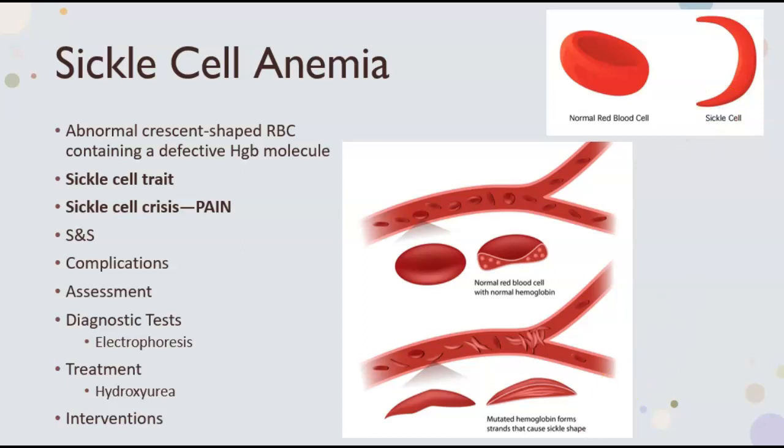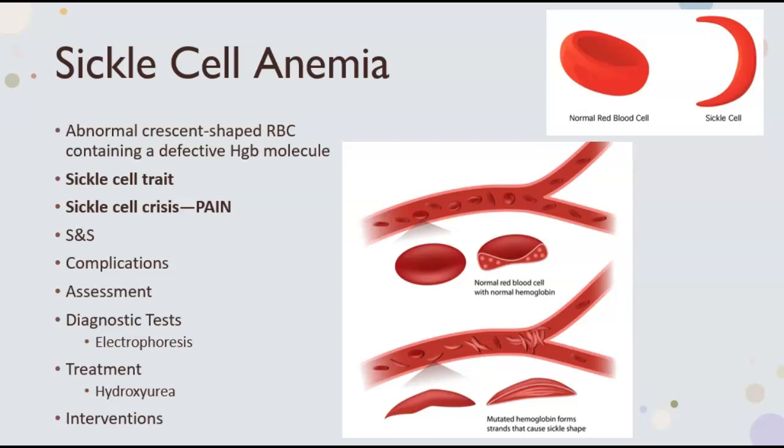Sickle cell red blood cells only last about 10 to 20 days compared to the normal red blood cell that lasts about 120 days.